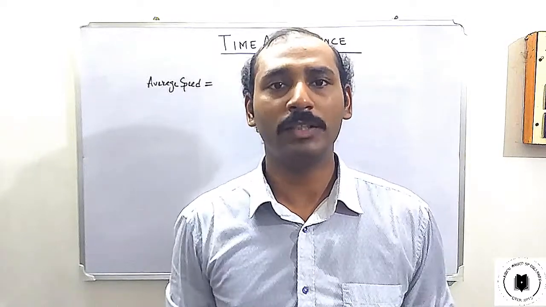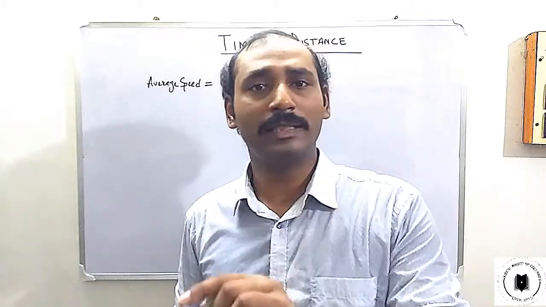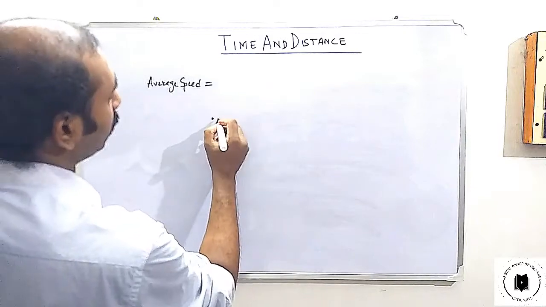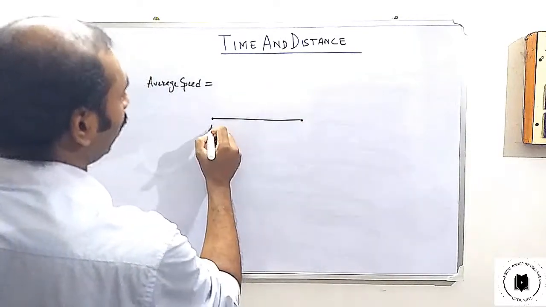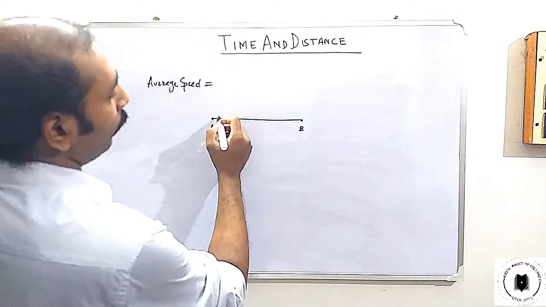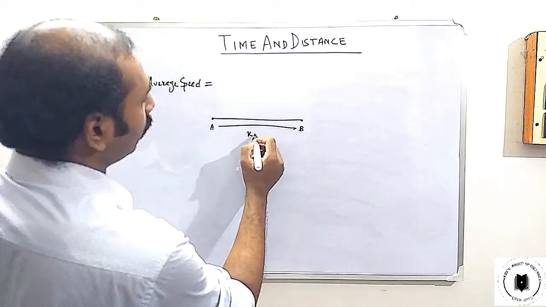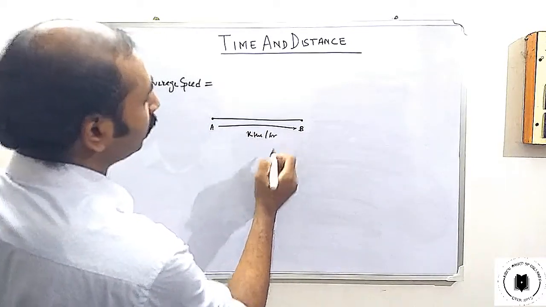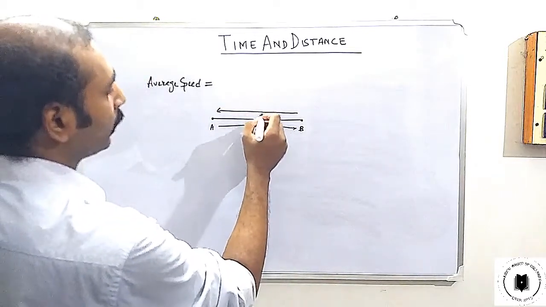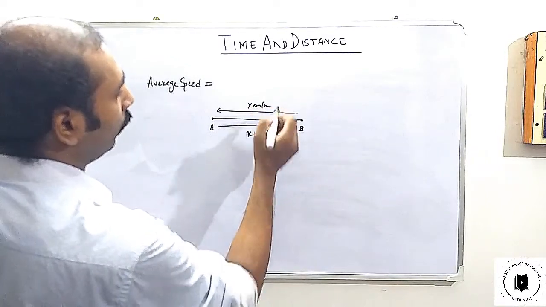There are some more important concepts to follow in terms of speed. One of them is average speed. Average speed is when a person travels a certain distance from point A to point B, say at x kilometer per hour, and on return he travels at y kilometer per hour.